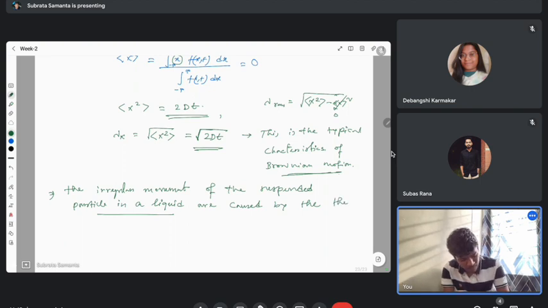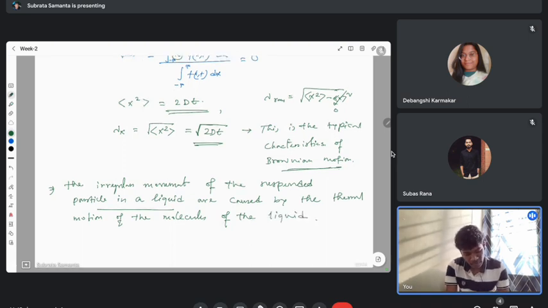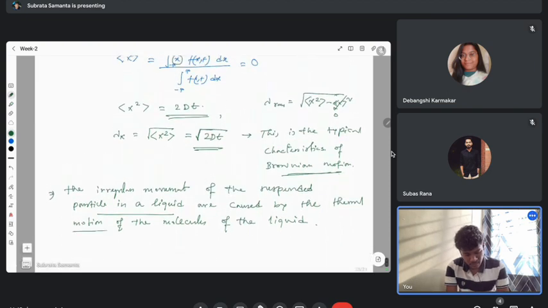The thermal motion of the molecules of the liquid. So what kind of thermal motions?